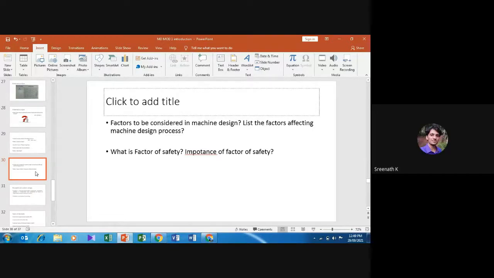Stresses developed in the material due to temperature changes. Okay, if you merely raise the temperature, will there be thermal stress?